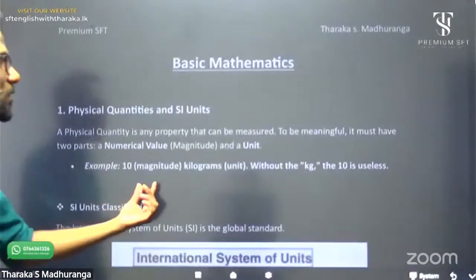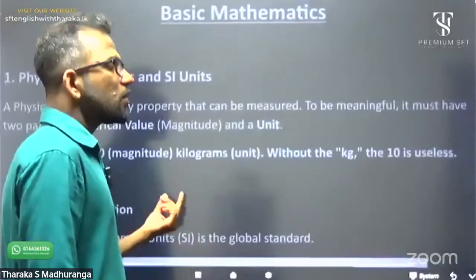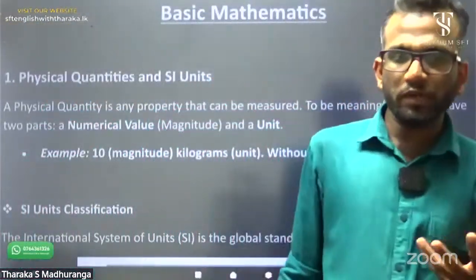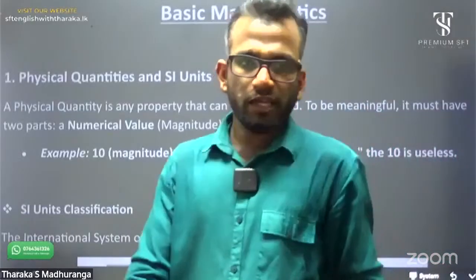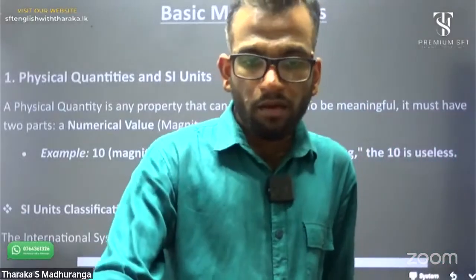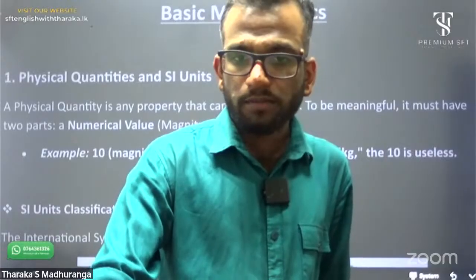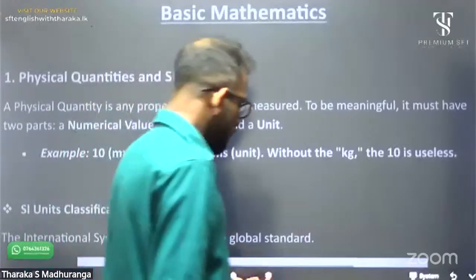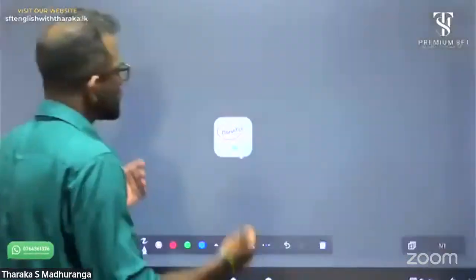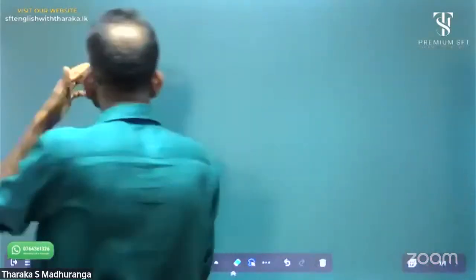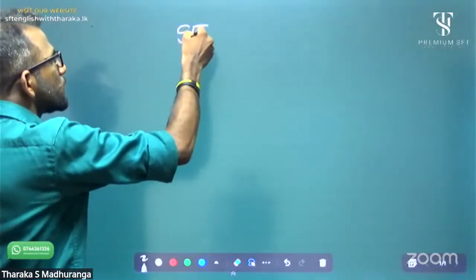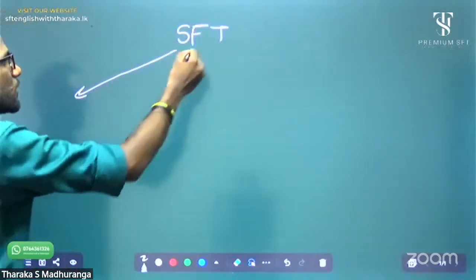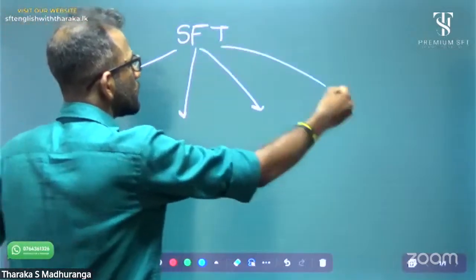Okay, first of all, do you remember last week I told you about our syllabus, what our main area is? I told you we have 5 main parts. Our syllabus can be classified into 5 main categories: 1, 2, 3, 4, 5.